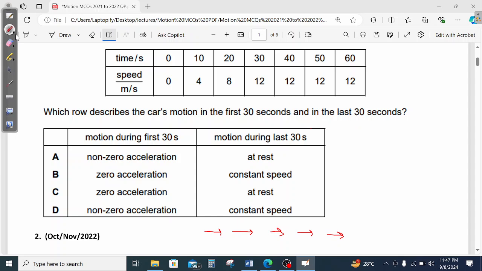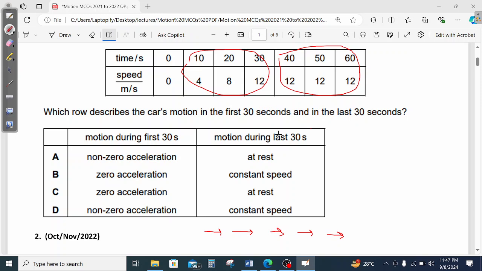It means you have to make two patches. First one is this one, and next one is this one. You have to check in which patch the body is moving with constant speed, and in which patch the body is moving with non-zero acceleration or zero acceleration.